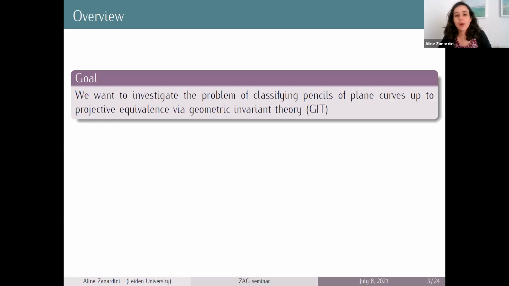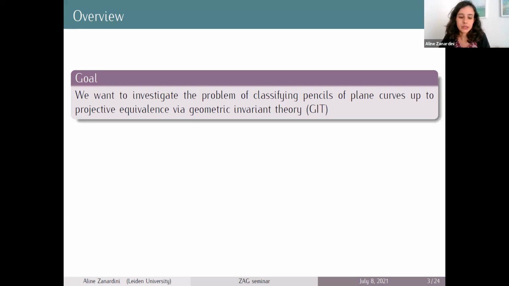Okay. So the problem that we are interested in this talk is the problem of classifying pencils of plane curves, so one-dimensional linear systems of plane curves, up to projective equivalence. And the tool that we're going to use to construct the desired classification space is geometric invariant theory. So the word stability appeared in the title of the talk, and I have in mind GIT stability.